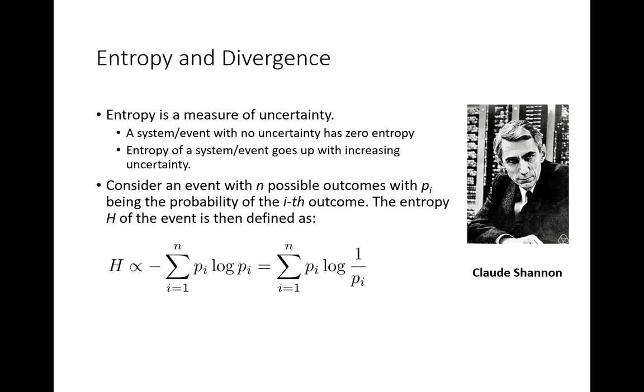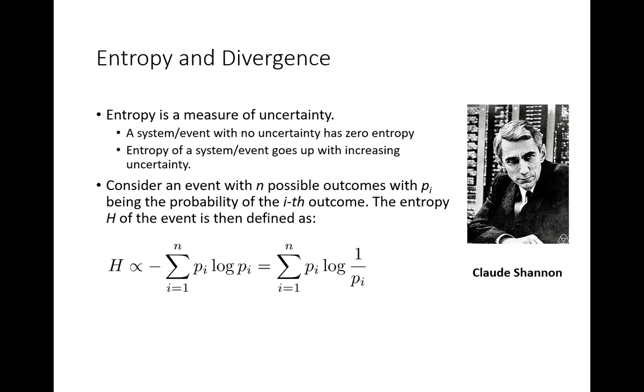And if a system has a lot of uncertainty, then its entropy value is very high. All right. So to define how we measure entropy, let us consider a situation where there are n possible outcomes of an event.